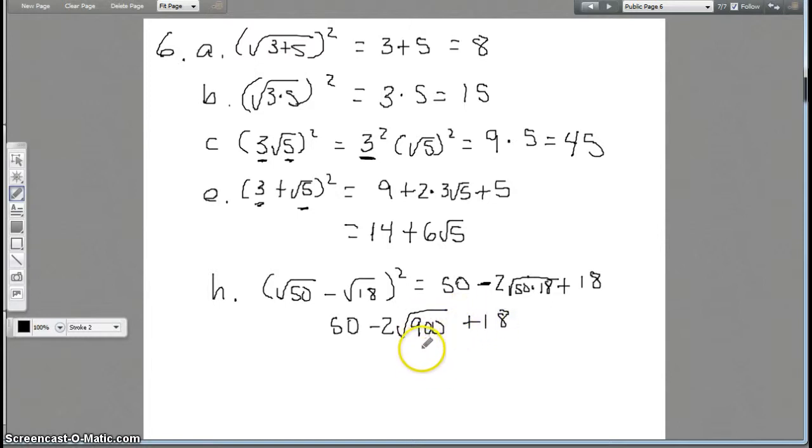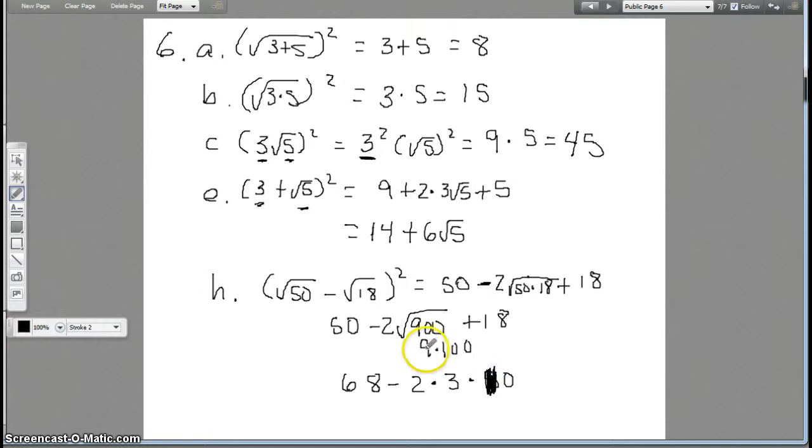Now 900 can be broken down into 9 times 100. These are both square factors. So I'm going to say 50 plus 18, that's 68, minus 2 times square root of 9 is 3, square root of 100 is 10.